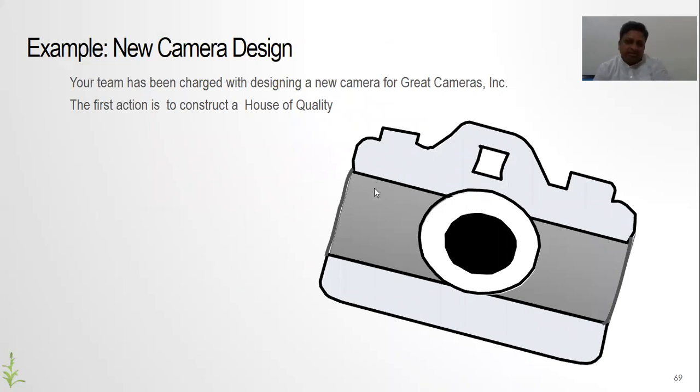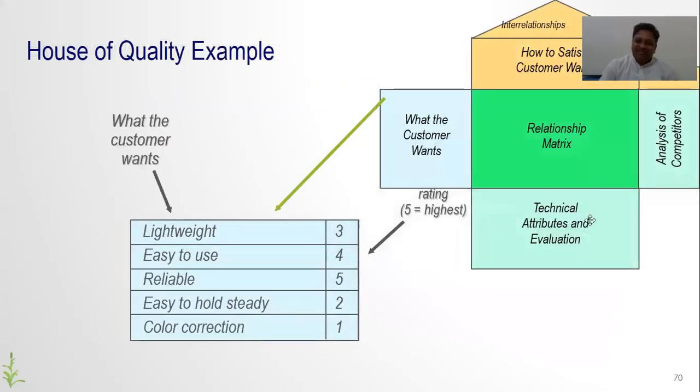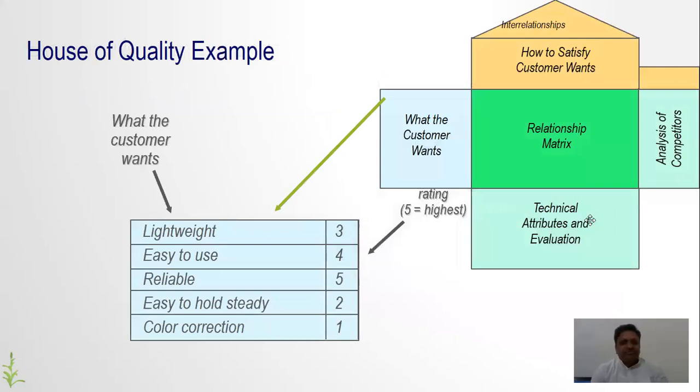Example, new camera design. Your team has been charged with designing a new camera. The first action is to construct a house of quality. So we'll see an example of a house of quality related to a camera. Here, house of quality example, what the customer wants: lightweight, easy to use, reliable, easy to hold and steady while shooting, color correction.